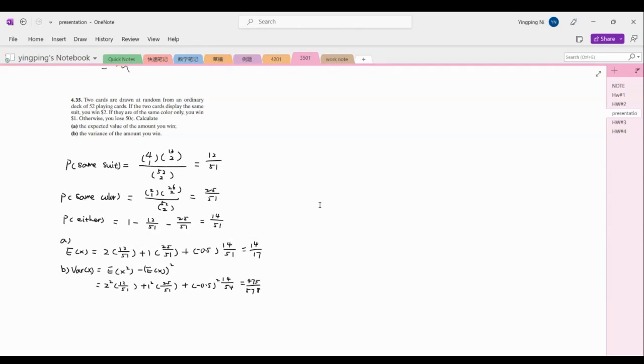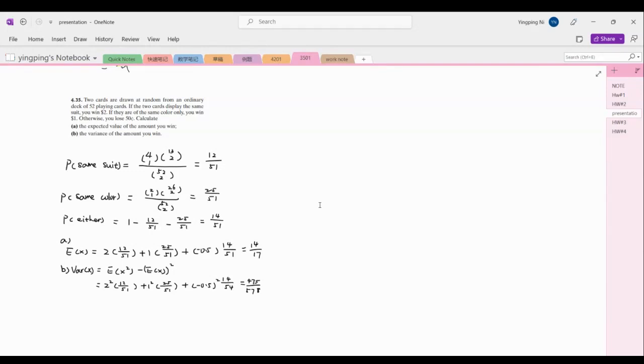We need to find the probability of the same suit, which is choose 1 from the 4 different suits and choose 2 from the 13 cards in a suit, over choose 2 cards from the 52 cards.